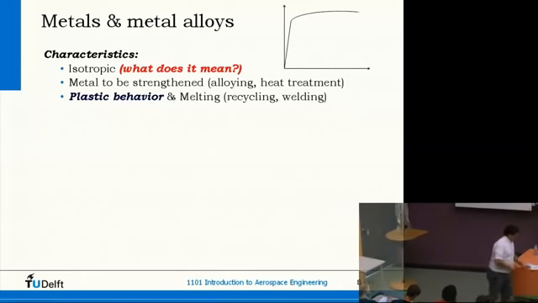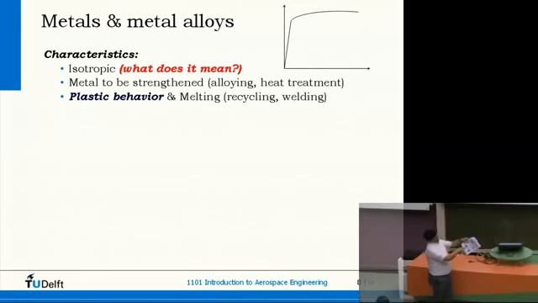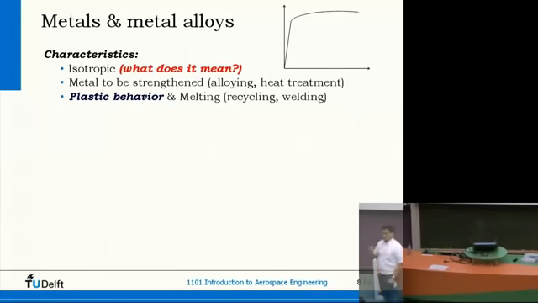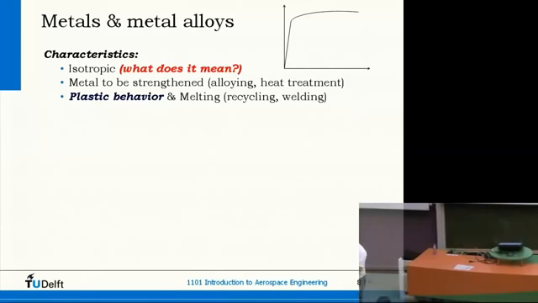So if I take a piece of material and I determine the strength in this direction, it's identical as in this direction or in that direction. Same with the stiffness. Of course, also the material is homogeneous, so the density is the same everywhere. That means isotropic. Properties are independent from the direction which I take in the material.